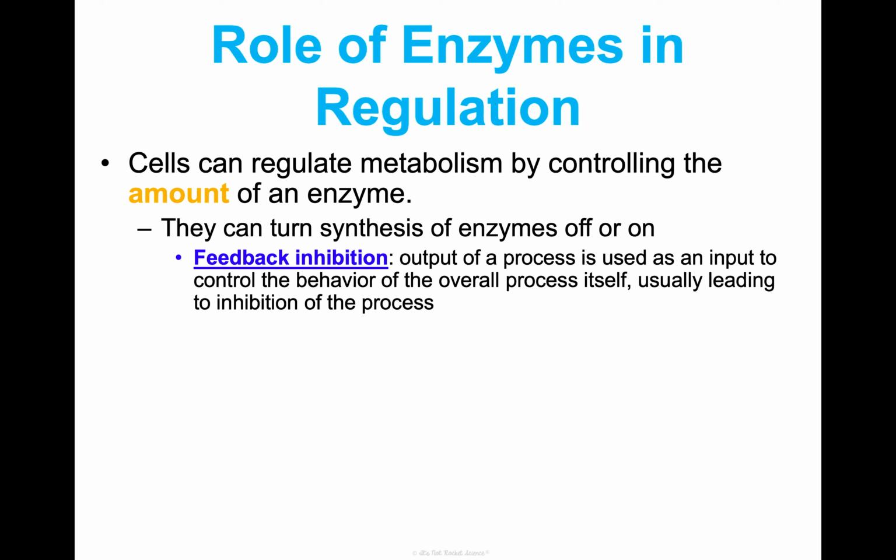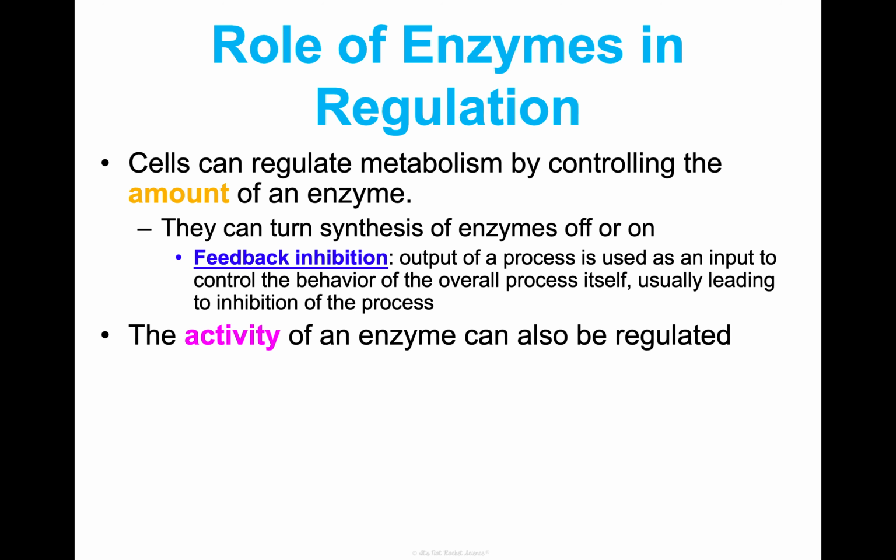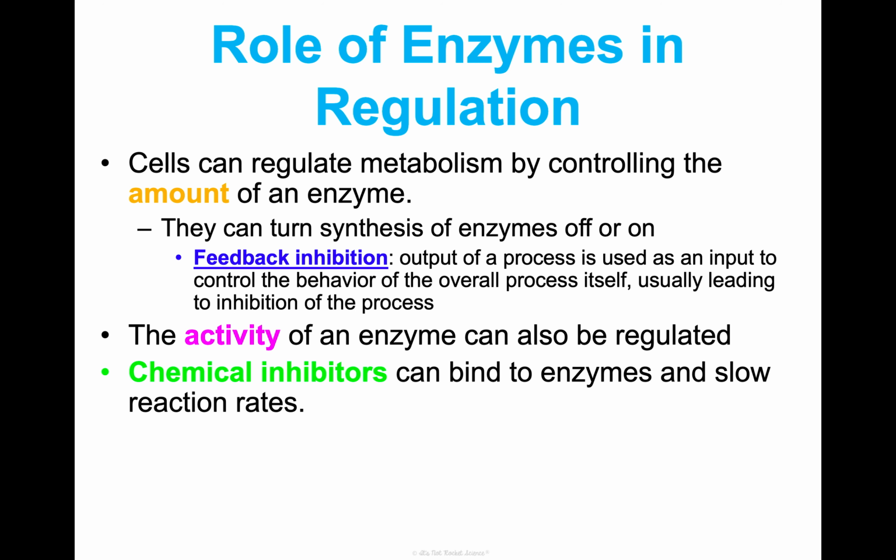This is really important because we want our cells to run efficiently. We don't want resources to be wasted. So feedback inhibition and that turning on and off of enzyme synthesis is super critical to maintain that efficiency. We can also regulate the activity of an enzyme. We can use chemical inhibitors that bind to an enzyme and slow down the reaction rate.